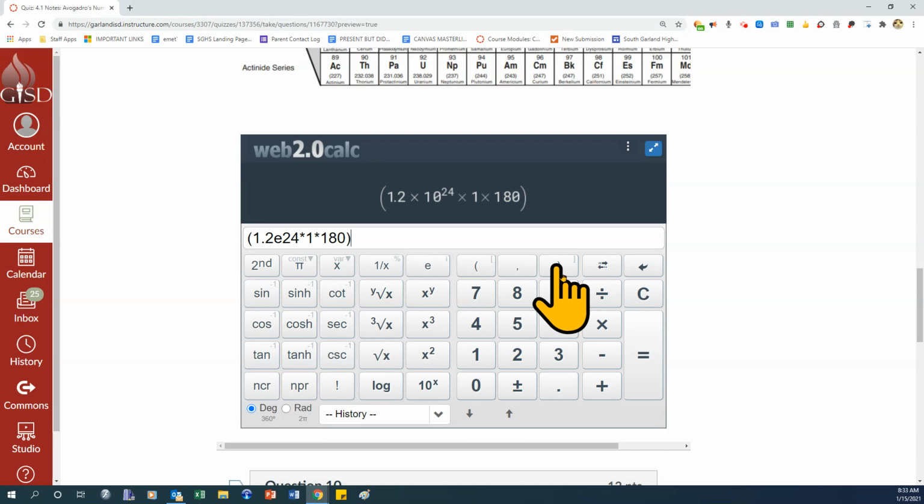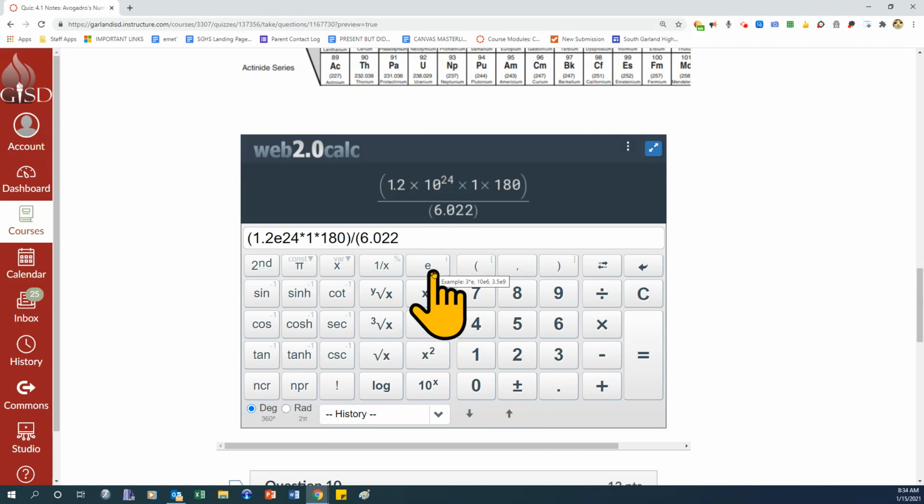Close parentheses, divided by, and then do the bottom, multiply everything at the bottom, is 6.022. And again, that's times 10 to the 23rd, times 1, close parentheses. All right, enter. So this is how you put this in the calculator.